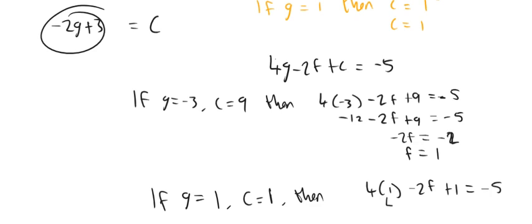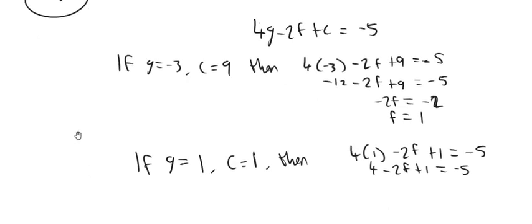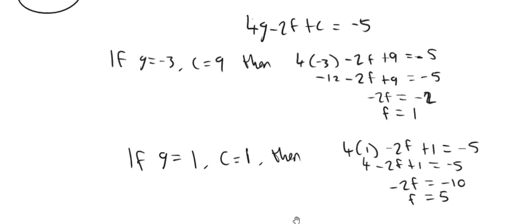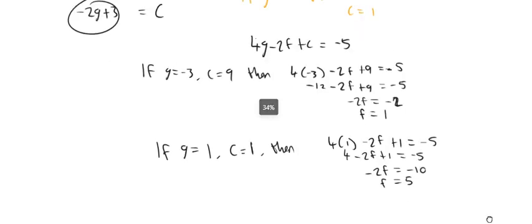So 4 minus 2f plus 1 is equal to minus 5. Bring across the 4 and the 1, so we get minus 2f is equal to minus 10. So then f is equal to 5. So we've got two options from here then.